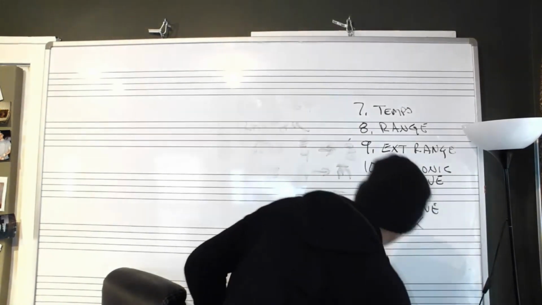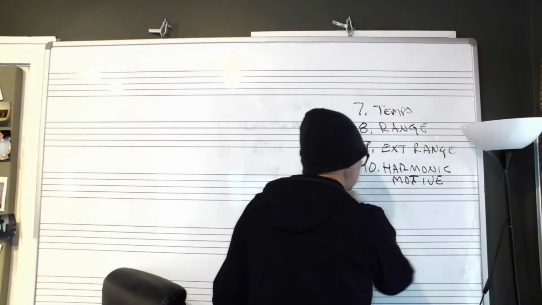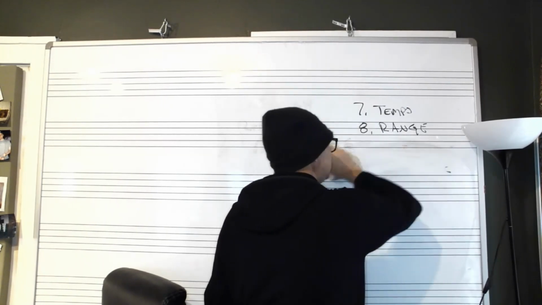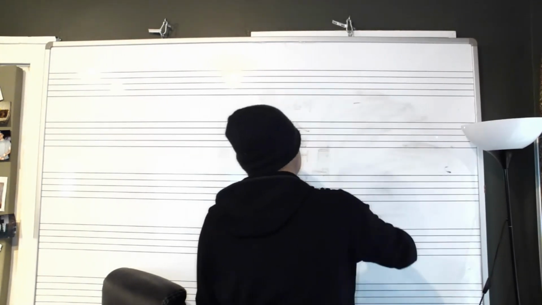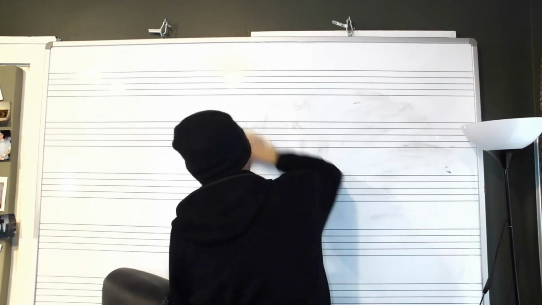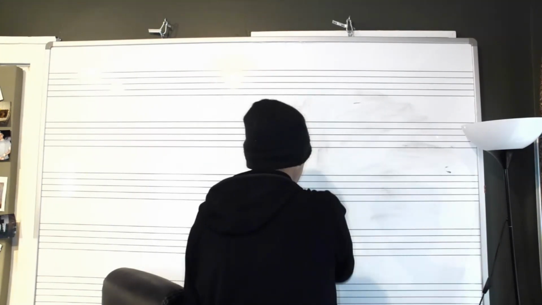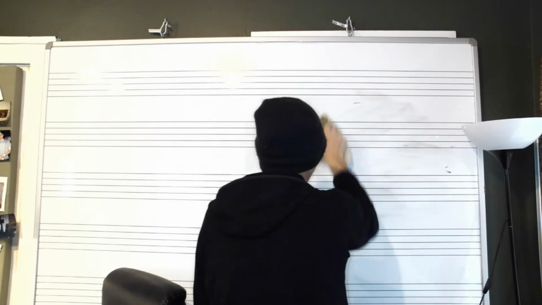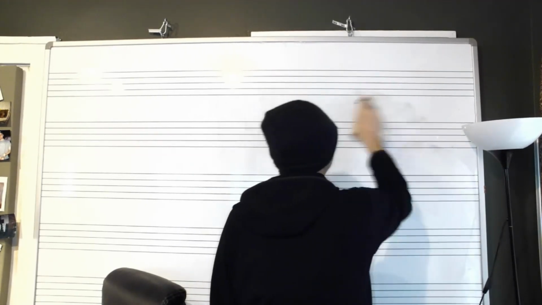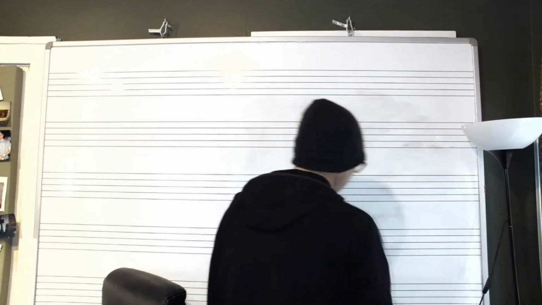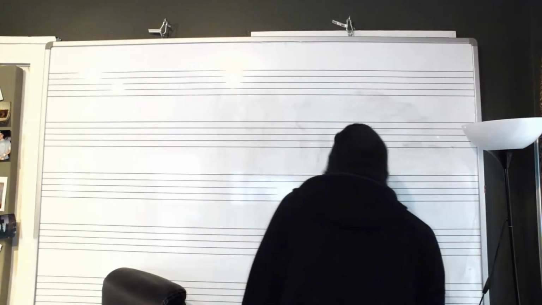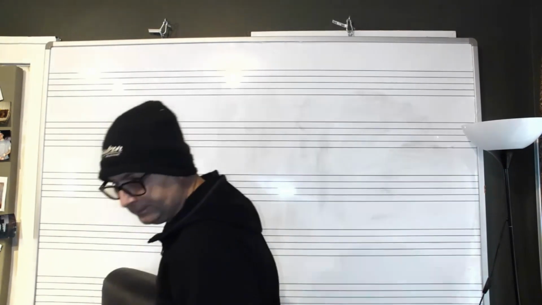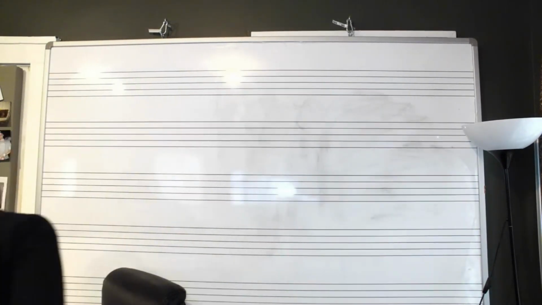This is terrible. This is why I don't like whiteboards, folks. They smear, they make a mess. Chalkboards are the way to go. All right, good enough. Plus you need markers.